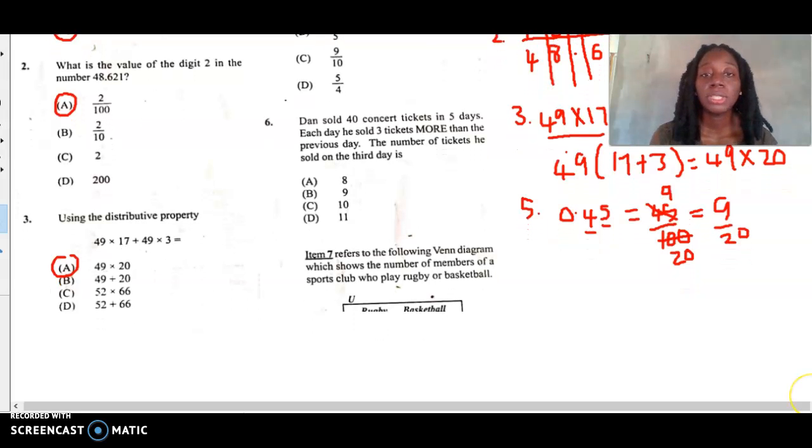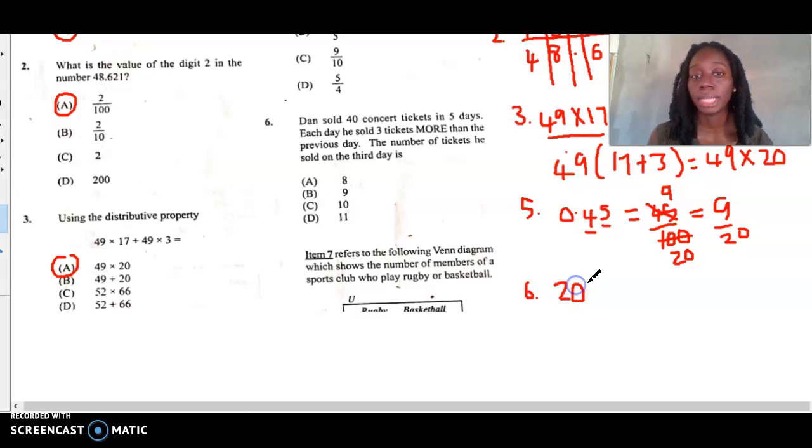Alright, so Dan sold 40 concert tickets in 5 days. Each day he sold 3 tickets more than the previous day. The number of tickets he sold on the 3rd day is... alright, so what do we know from this question? We know that he sold 20 tickets.